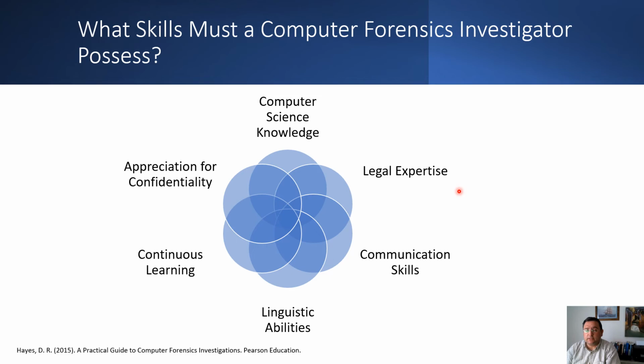Legal expertise is very important, and they need to communicate very well to do the investigation with other departments or specialized units and with other parts of the criminal justice system. And there needs to be linguistic abilities, and continuous learning is a must, obviously, and appreciation for confidentiality is quite an important aspect of being a computer forensic examiner.